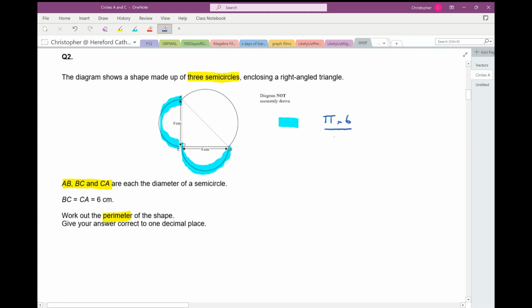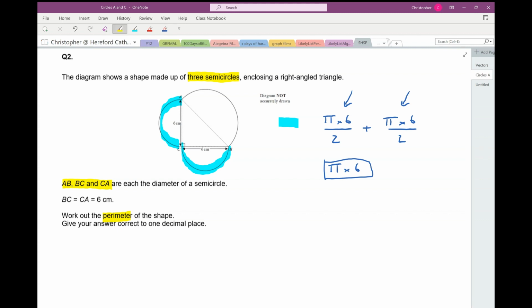So I could do one of the semicircles plus another of the semicircles, or I could just imagine that both of those semicircles together make a circle, and do the circumference of the whole circle. It doesn't matter whether I use this or half of it plus another half of it. That's those blue highlighted lengths sorted.